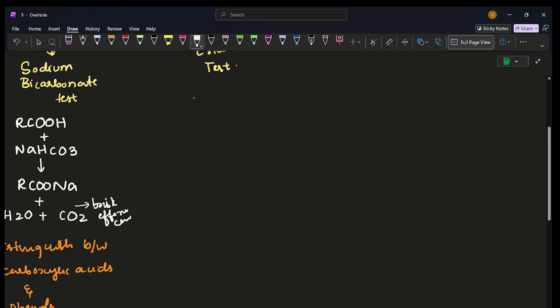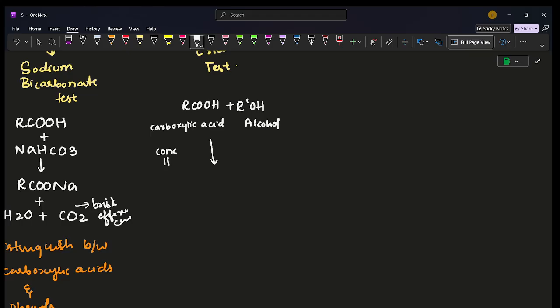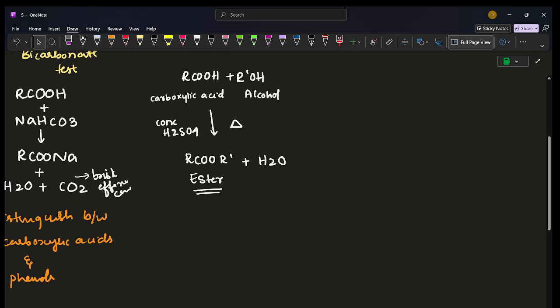When you add RCOOH with R'OH, which is an alcohol, so you have a carboxylic acid and you have an alcohol, and you put concentrated H2SO4 and heat it, you're going to get RCOOR' plus H2O. So this is ester. You're going to get an ester formation. This is esterification reaction.